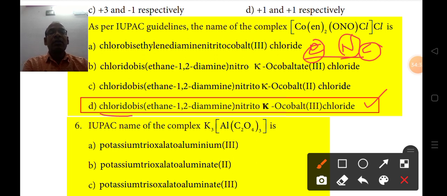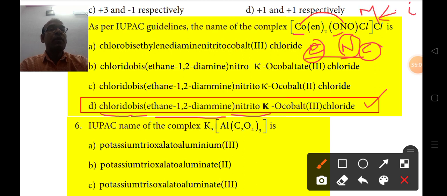Therefore the name is chloridobis(ethane-1,2-diamine)nitrito-κO, where kappa O shows the nitrito is bonded to the central metal ion via oxygen, an M-O bond, cobalt(III) chloride.